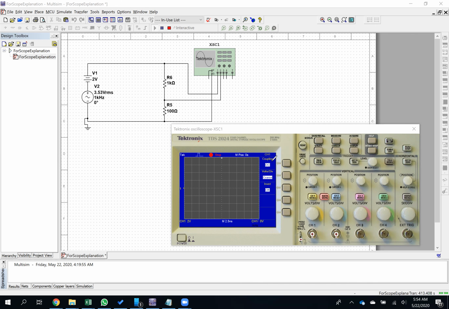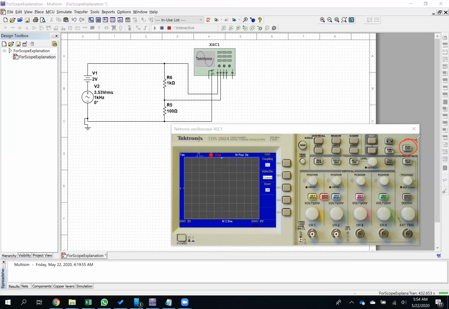Now, the one thing to notice is this stop here. Prior to showing you, I had actually pressed the run stop button. And so what I need to do is go over here to the run stop button and press it so that the scope is actually running and will pick up the signal.